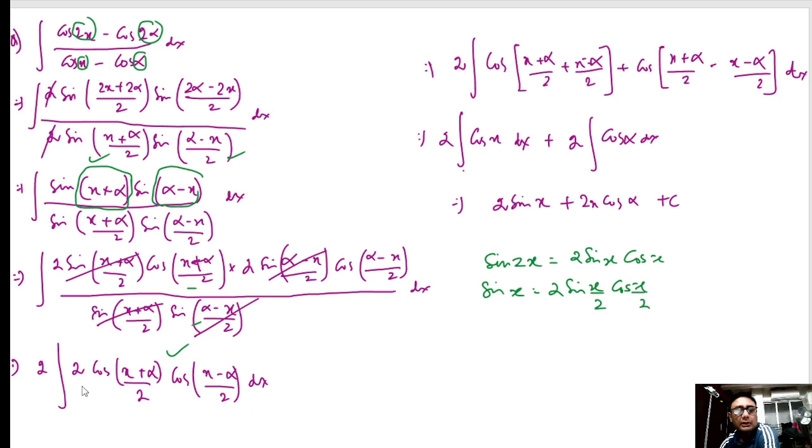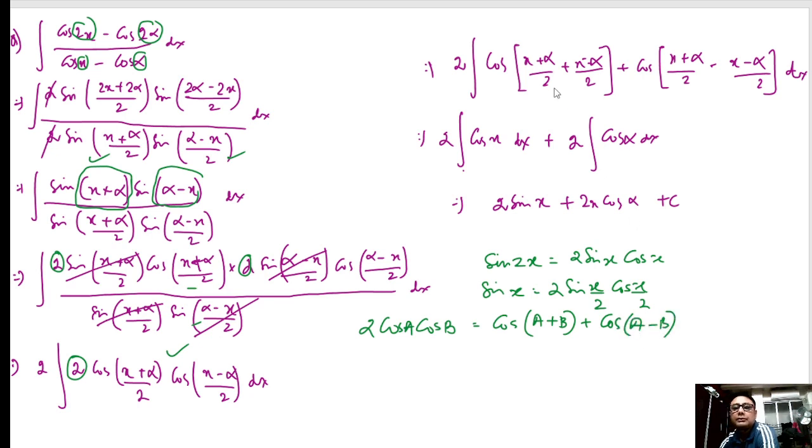Now see, this is 2. Here is the 2, here is the 2. So we are keeping 2 inside: 2 cos A cos B. What is the formula? 2 cos A cos B is cos (A plus B) plus cos (A minus B).